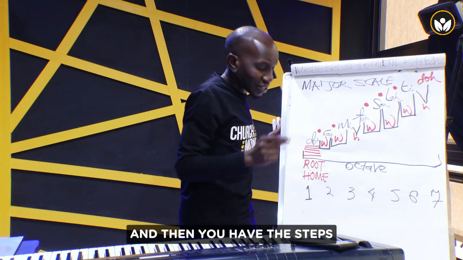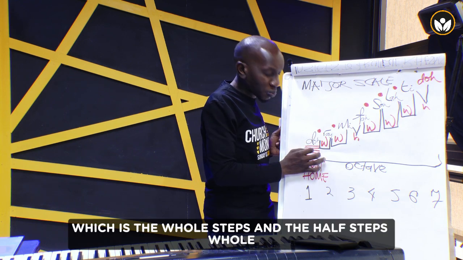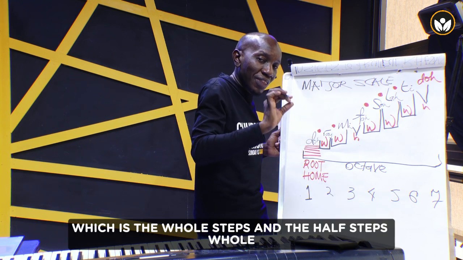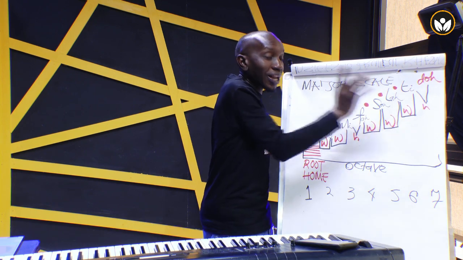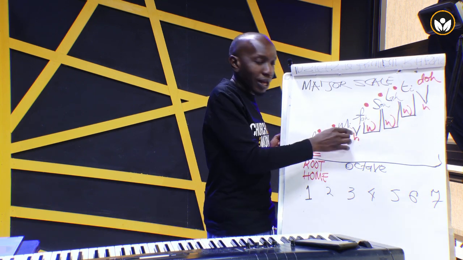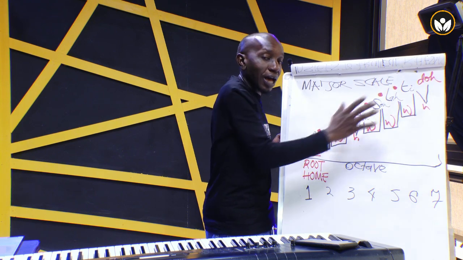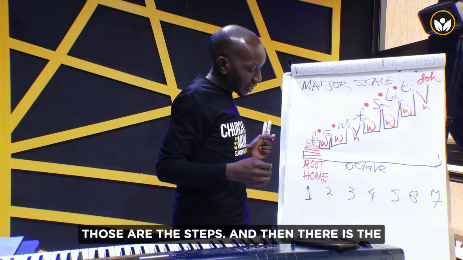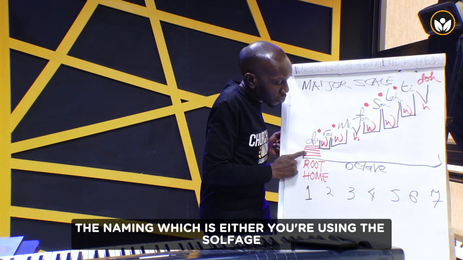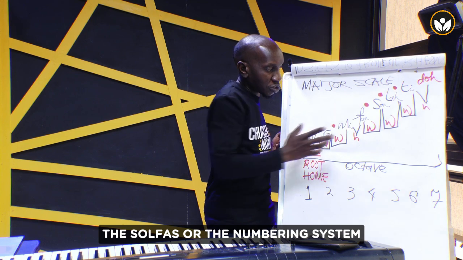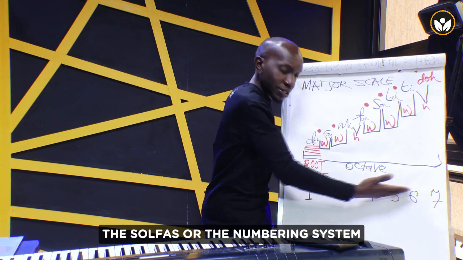And then you have number 4, the steps, which is the whole steps and the half steps. Whole, half, whole, half. Those are the steps. And then there is the naming, which is either you're using the solfege, the solfas, or the numbering system.